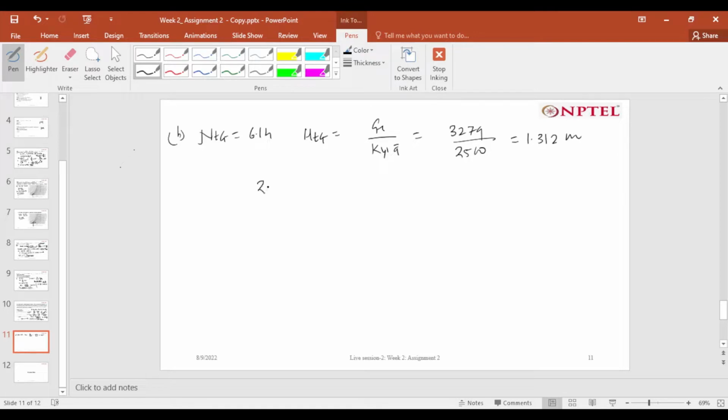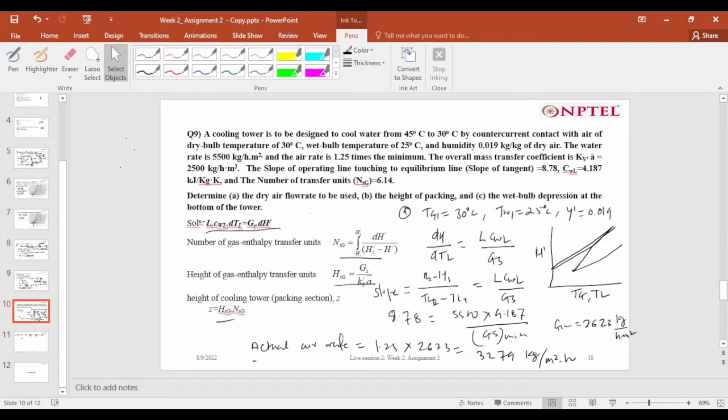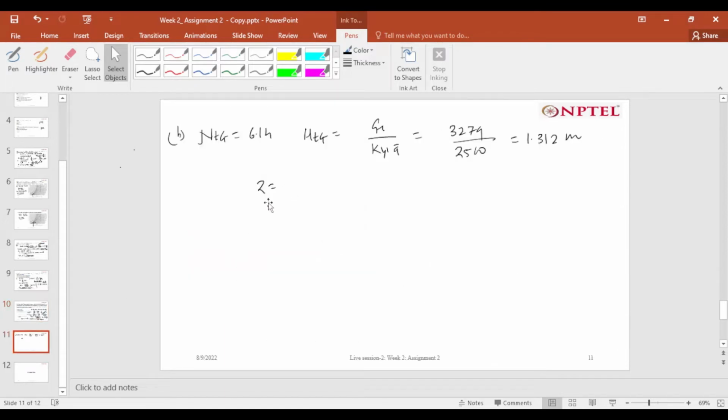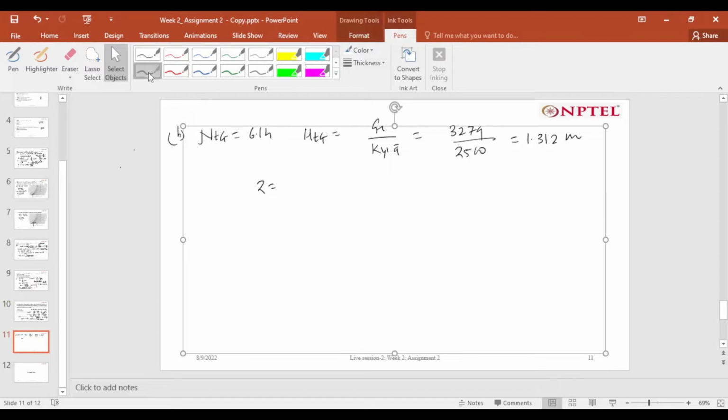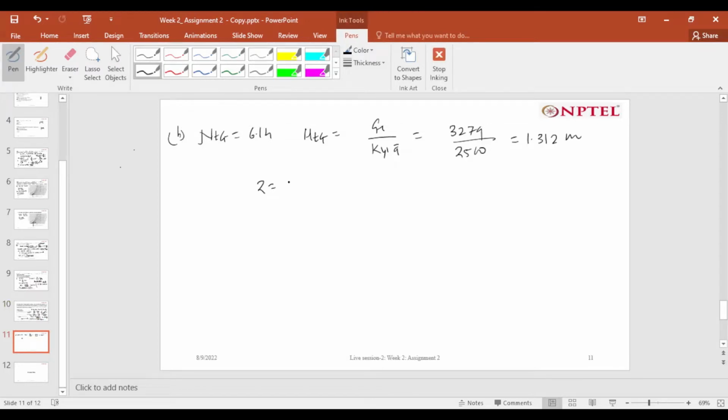Now Z means the height of packing. So 6.14 into 1.12 is about 8 meters.